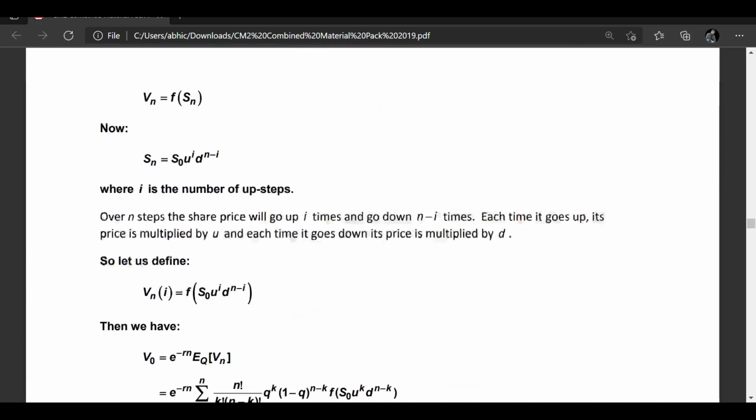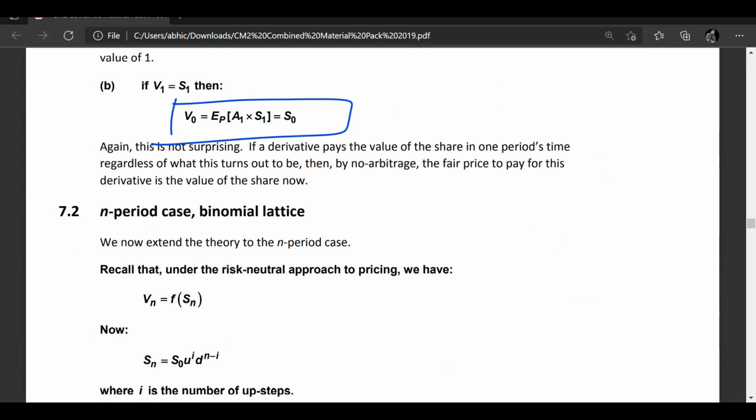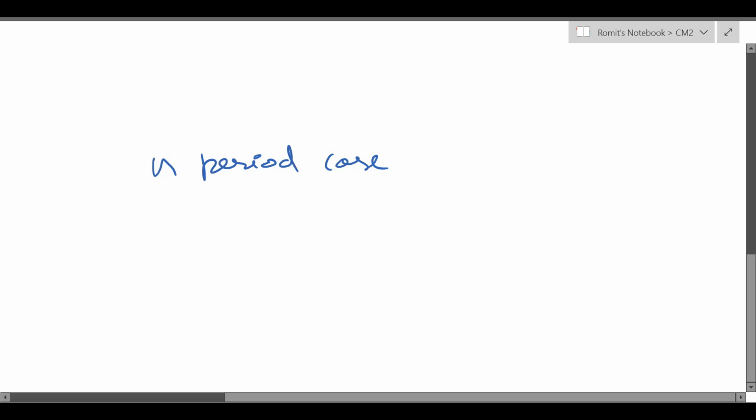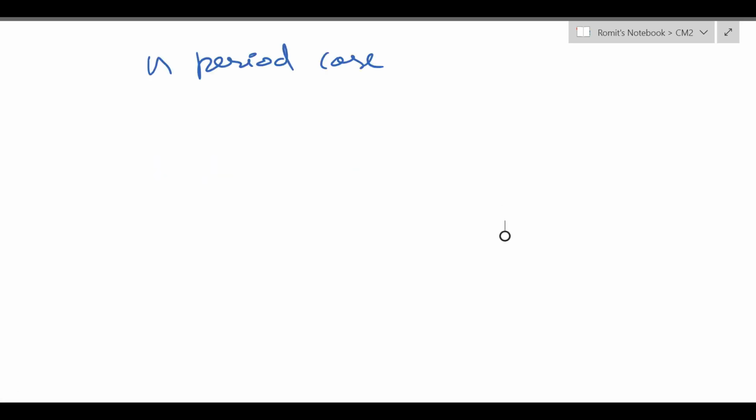Okay, now let's try and discuss this n period case, the binomial lattice case. Let's just get into this. So what happens in the n period case is that your share price can grow in each period by u or decline by d proportion.